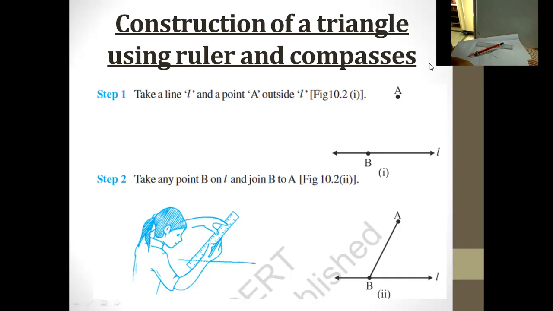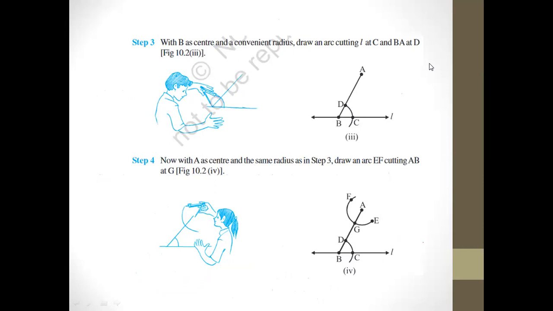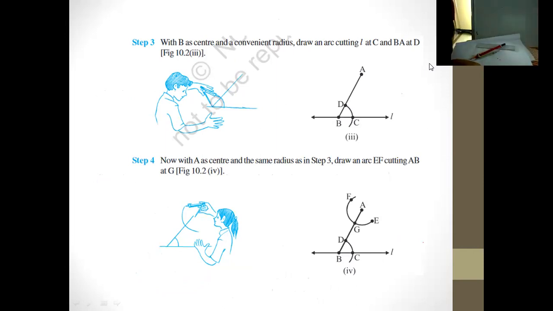Yes. Let me show you the third step. Now read the third step carefully and tell me what is the third step. What are they asking us to do in the third step? Yes, the third step says with B as center, B as a center of convenient radius, draw an arc cutting L at C. Okay.